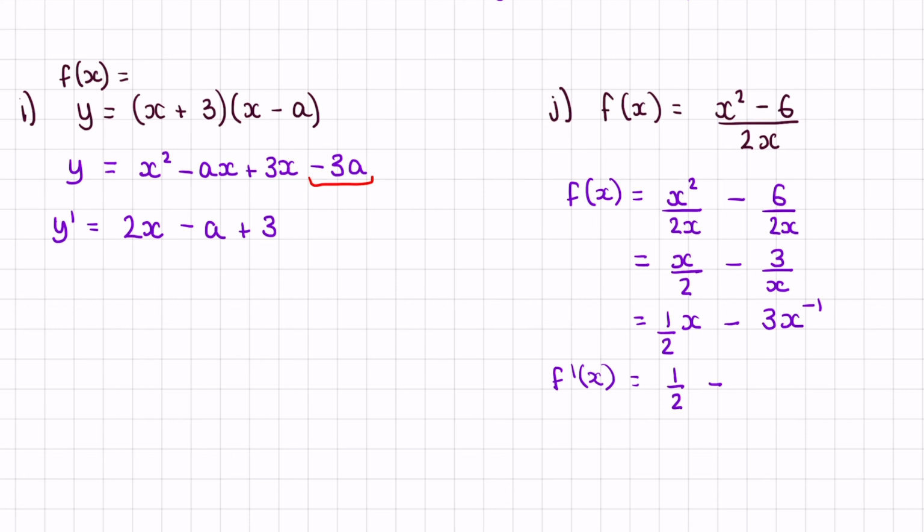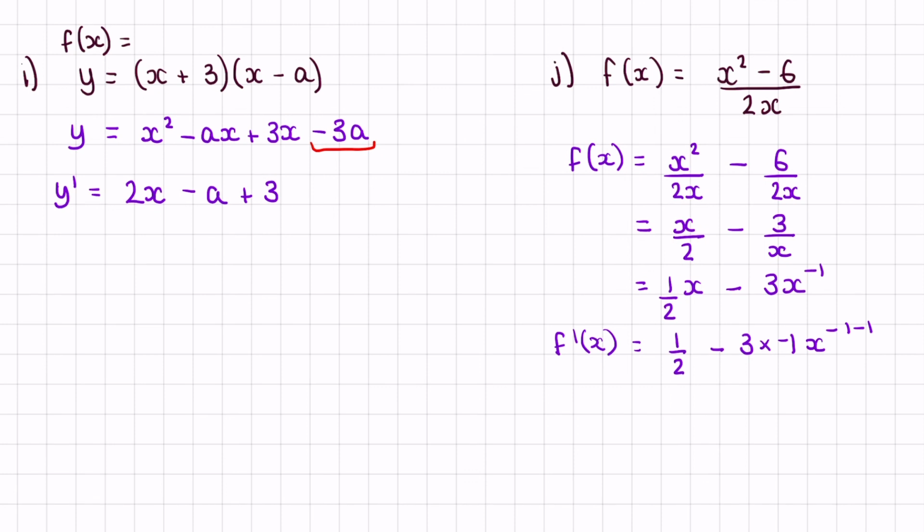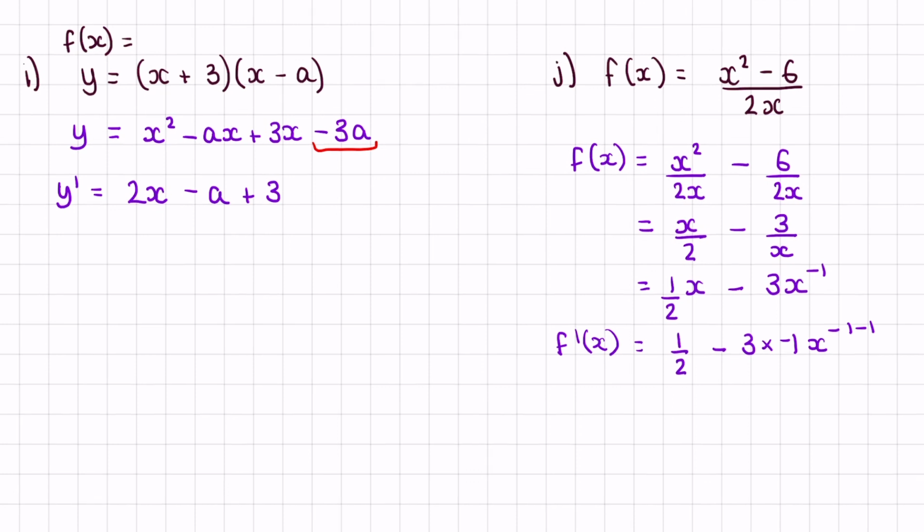Minus 3x to the power of negative 1. We'll have the 3 multiplied by the negative 1. And we just minus 1 from the power. And then we can simplify this, so we'll have a half minus 3 times minus 1, which will give us positive 3. And minus 1 here will give us minus 2. And then if we want to write that without a negative power, we can do.